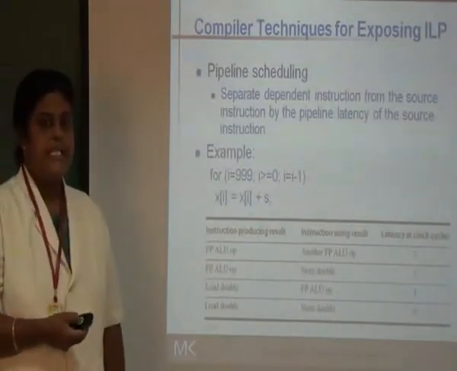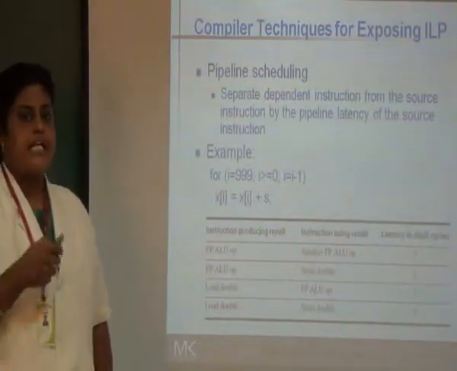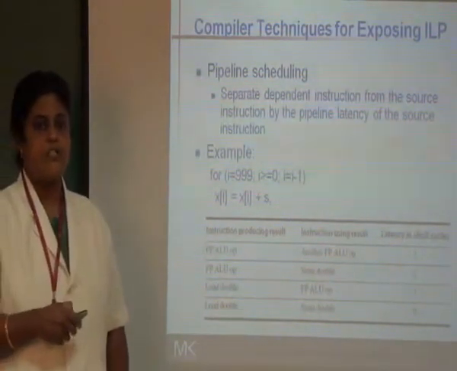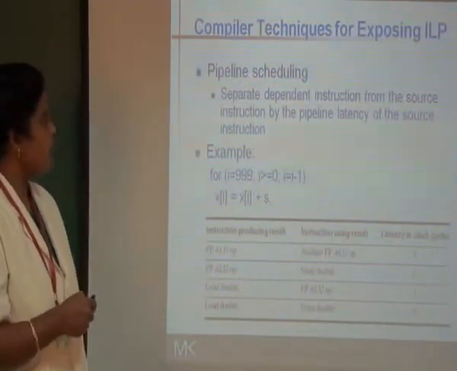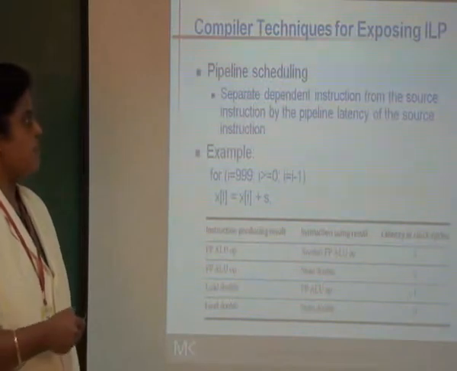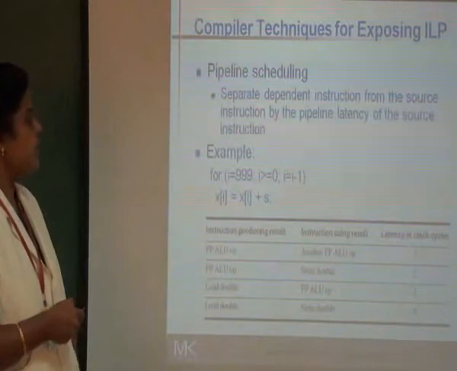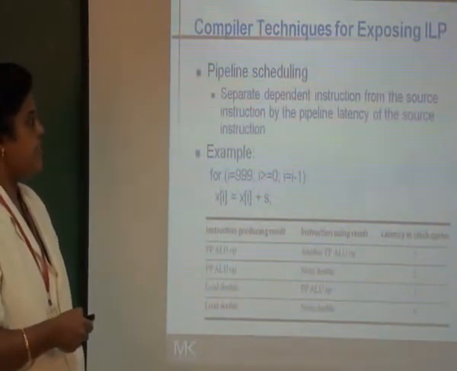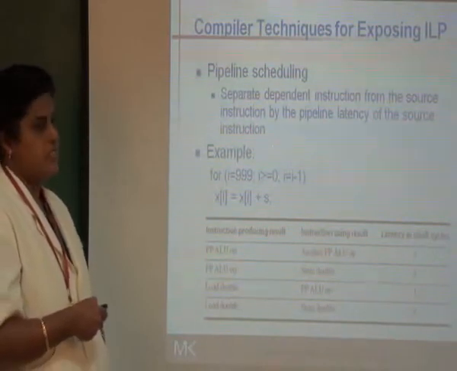So what are the compiler techniques for exposing this instruction level parallelism? The compiler approaches are mainly going to be static approaches, and these are the compiler approaches which we are going to use for exposing this instruction level parallelism. So here we can separate the dependent instruction from the source instruction by the pipeline latency of the source instruction.